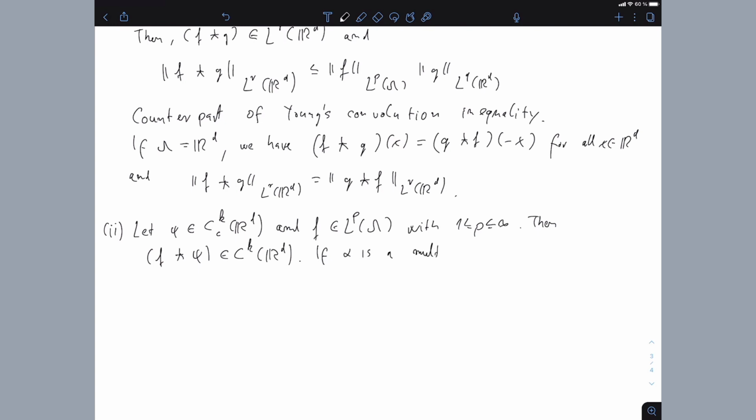And we can also say what the derivatives are. So if alpha is a multi-index with absolute value smaller or equal to k, so alpha is just a vector of natural numbers, including 0, and the sum of these numbers is supposed to be smaller than or equal to k.